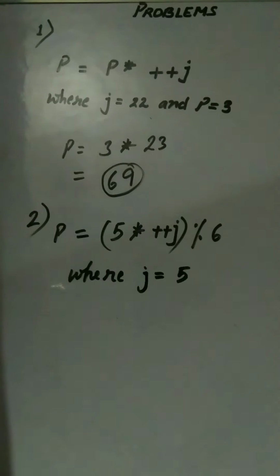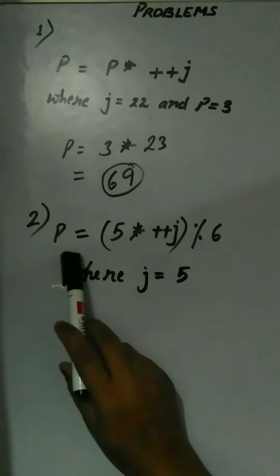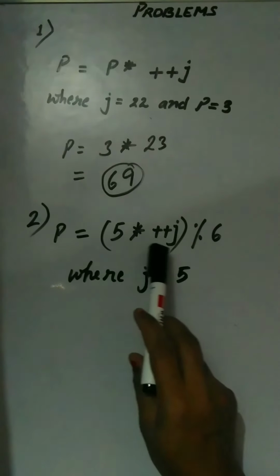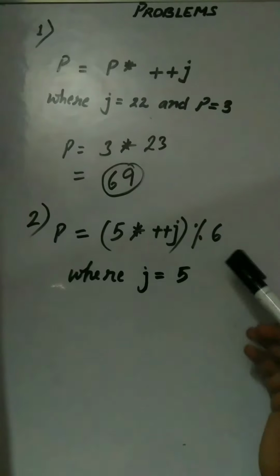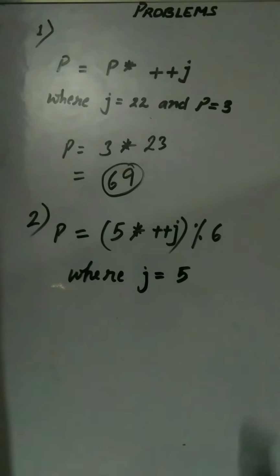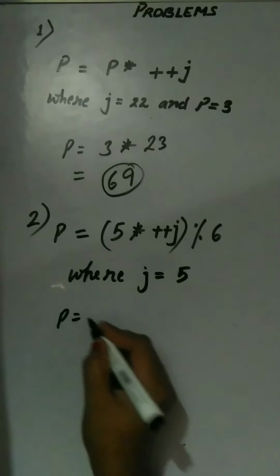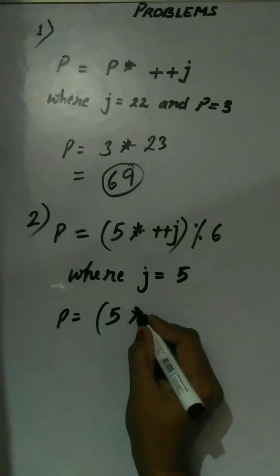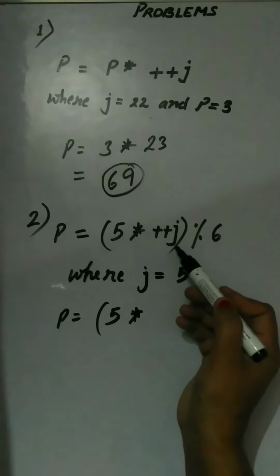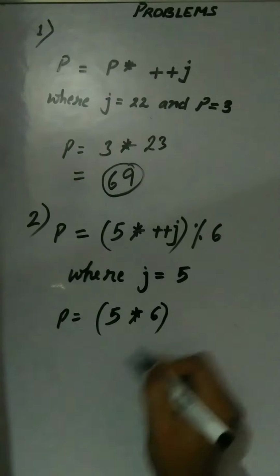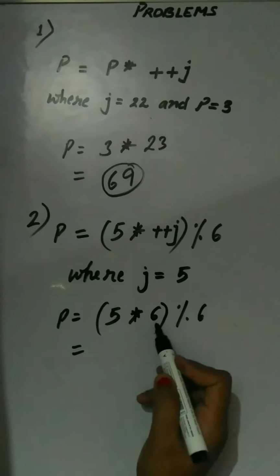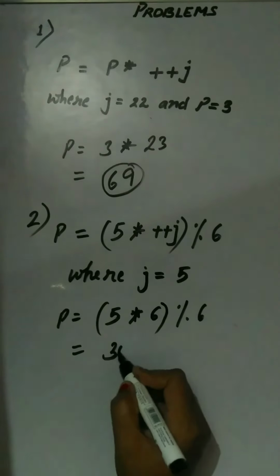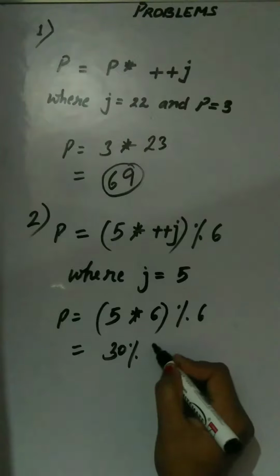Okay. Let's see one more example. Here p is equal to 5 into ++j, pre-increment j, then mod 6, where the j value is 5. Mod means it will store the remainder value. So p is equal to 5 into pre-increment, meaning the j value is 6, then mod 6. 5 into 6 is 30. 30 mod 6.